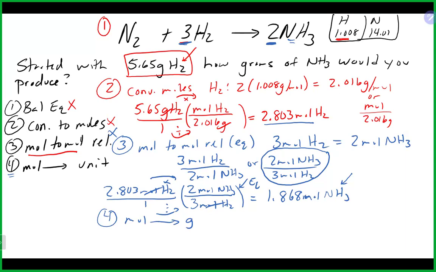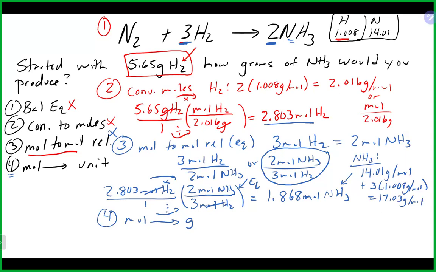We are now on NH3. So we have to then calculate the molar mass of NH3 from the periodic table. If we look at it there from the periodic table, we have 1 nitrogen at 14.01, and we got 3 hydrogens at 1.008 grams. That's going to give us 17.03 grams per mole as our molar mass conversion factor to go from moles now back to grams.